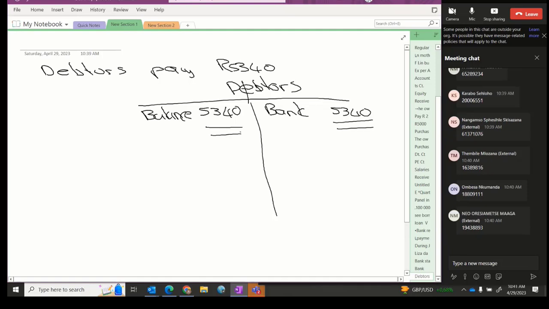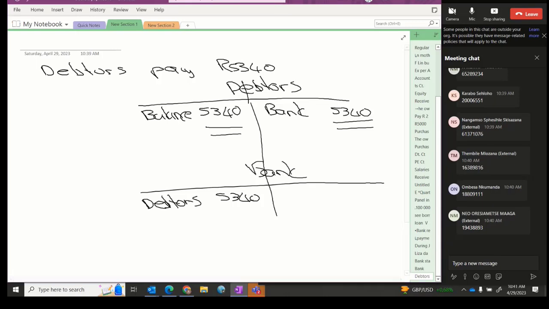So it shows that they're not owing that money. And then in your bank account, you received 5,340. That was the transaction, but that was a while ago, before you did the bank recon. So it showed that the debtors paid their money, but then the bank now told you, listen, this 5,340 that you received is actually the money bounced.